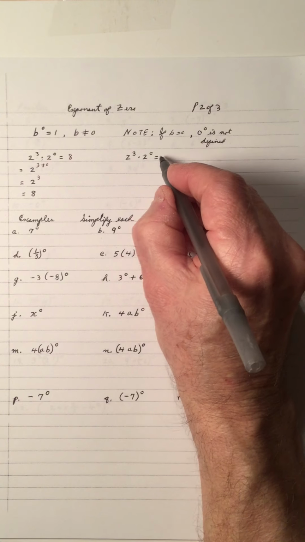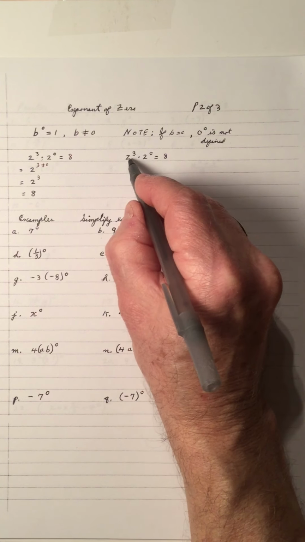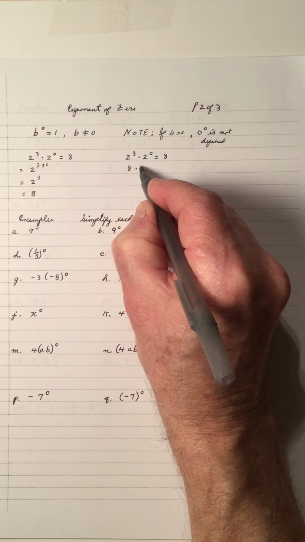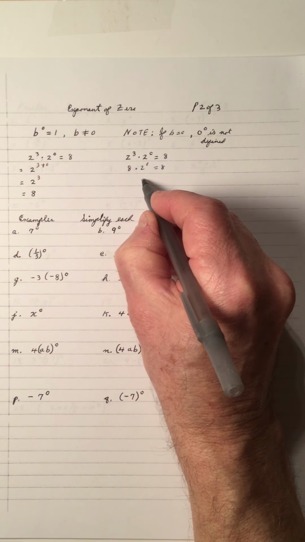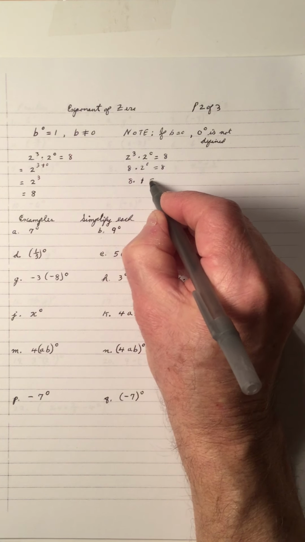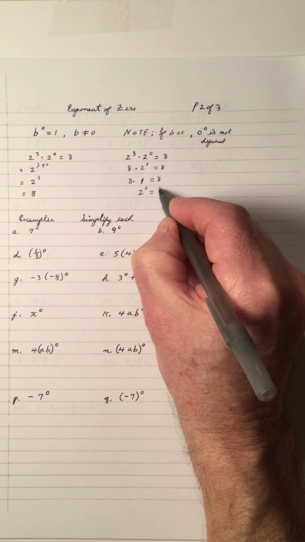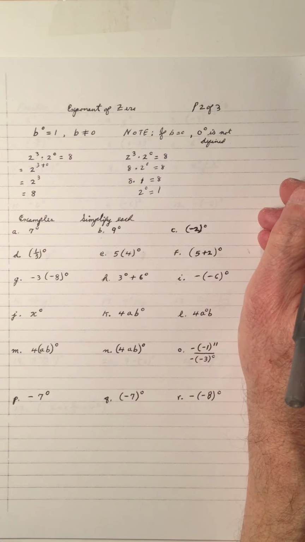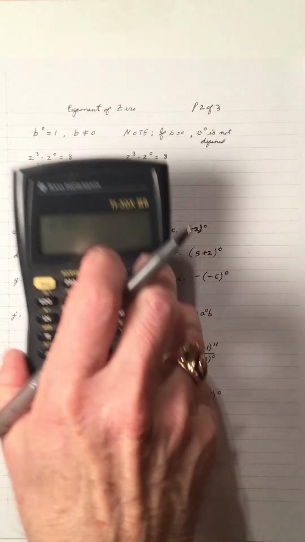That means 2 cubed, which is 8, times 2 to the 0 gives you 8. That means that 8 times 1 equals 8, so 2 to the 0 must be 1. Just a little proof that 2 to the 0 is 1.